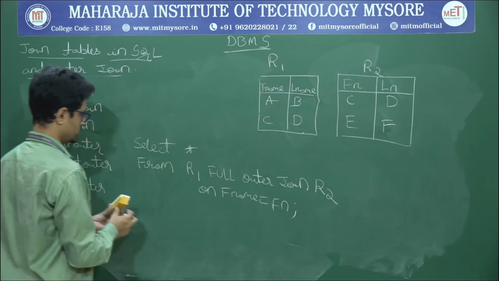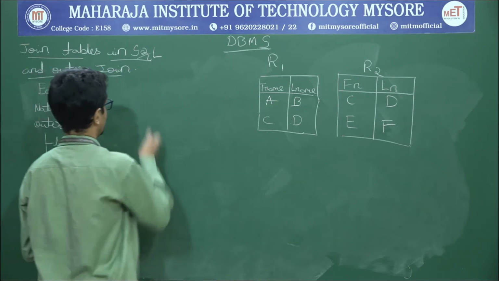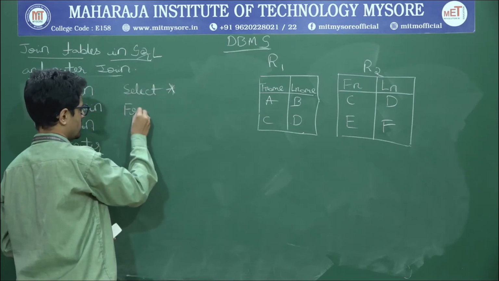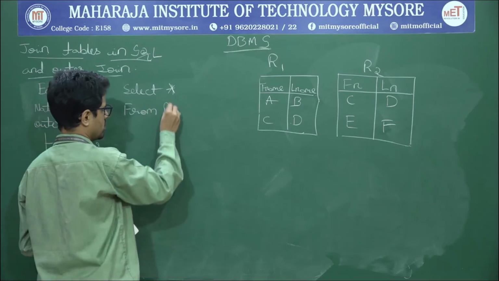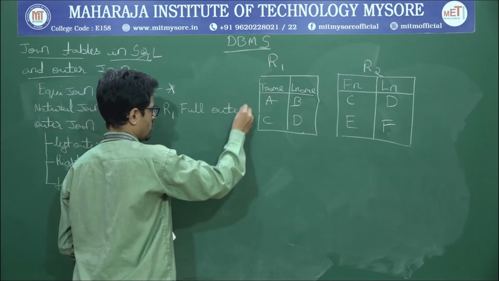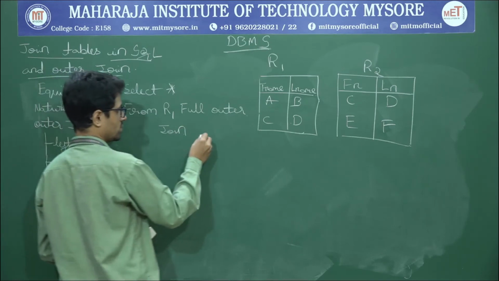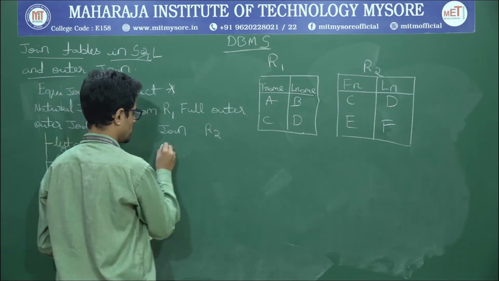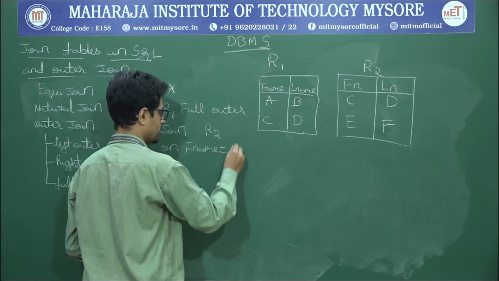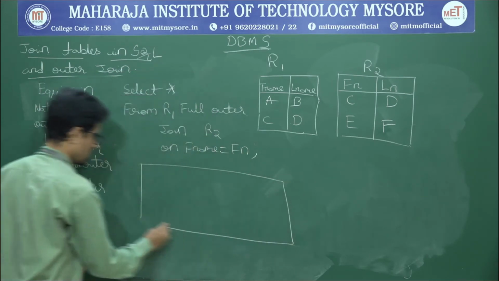Now I'll just highlight here: select star from R1 full outer join R2 on f name equals fn. Now the resultant table will be what?